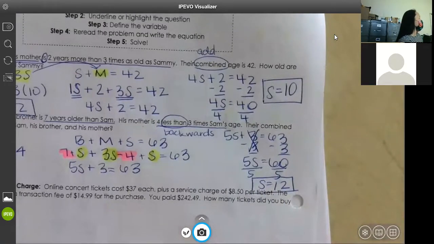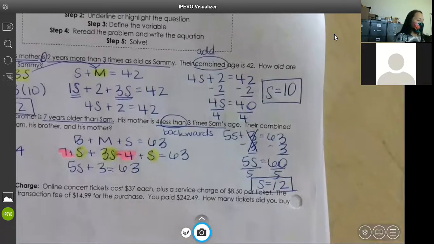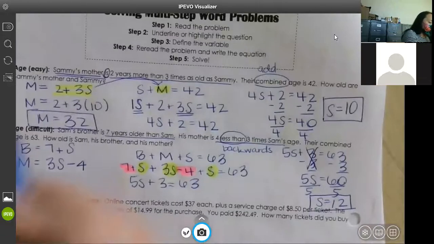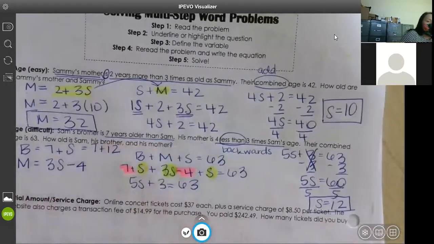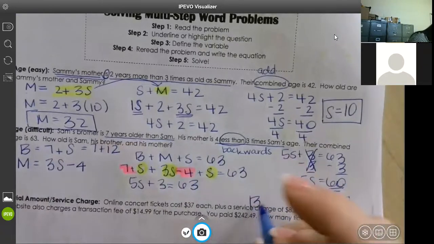He aged pretty quick, didn't he? The question asks how old is him, his brother, and his mother. So how do we figure out how old his brother is? So Sammy was 12. Brother is plus 7. So 7 plus 12. What is 7 plus 12? 19.